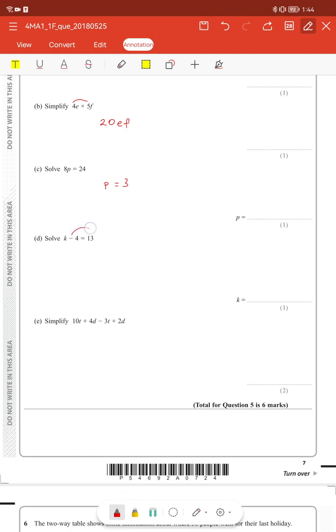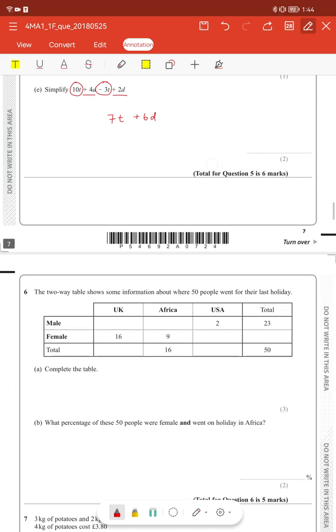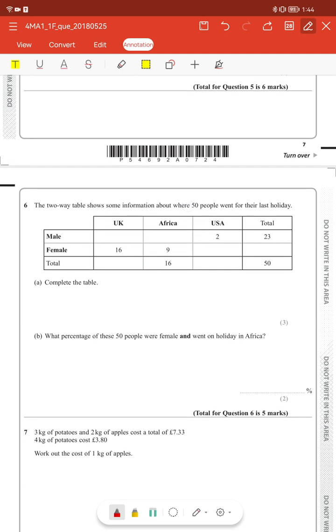And remember, when you take the minus 4 to the other side, it becomes plus 4. So we get k equals 17. Over here, we want to have all the t's together and then all the d's together. So 7t plus 6d.